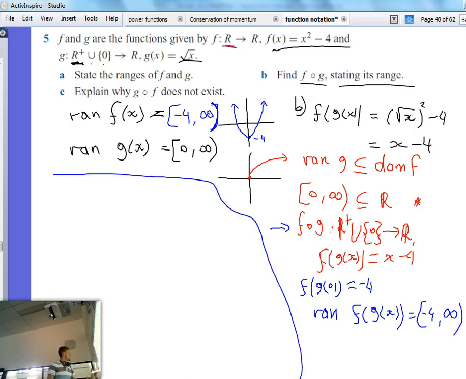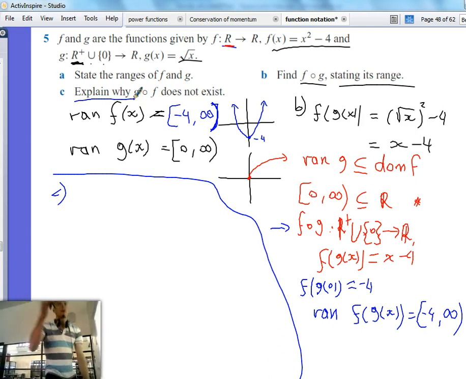So part C says, can we explain why g of f does not exist? What we have thought about in terms of composite functions is that the range of the inside function has to be a subset of the domain of the outside function.